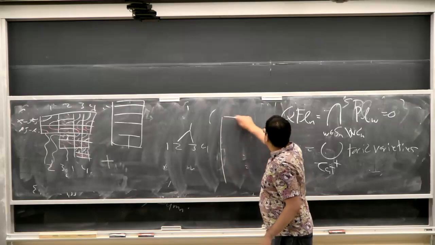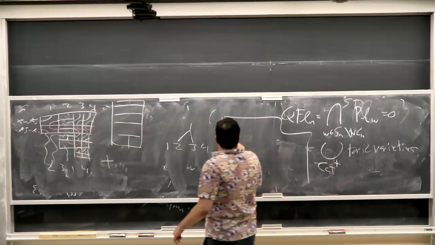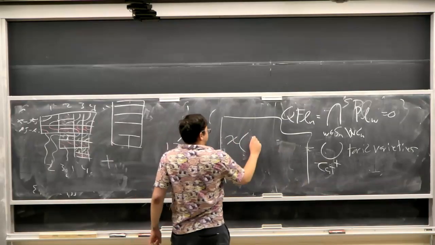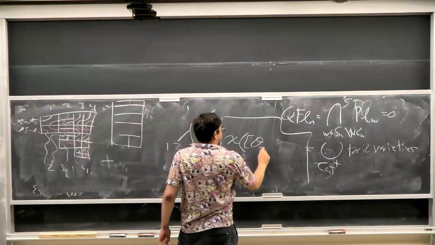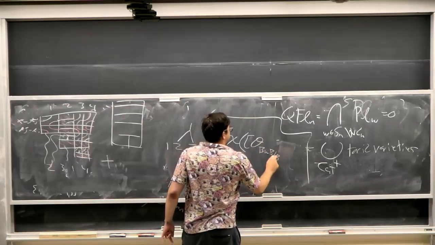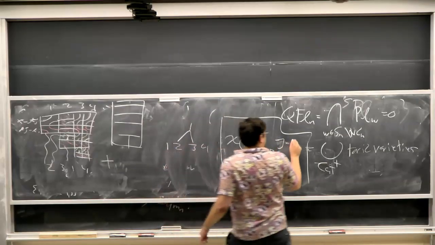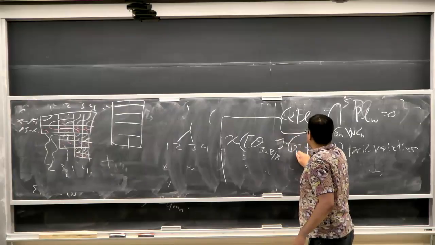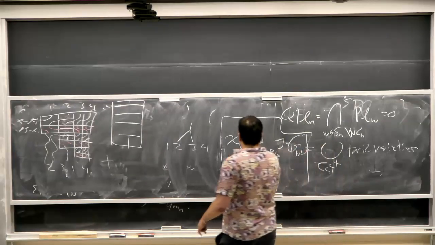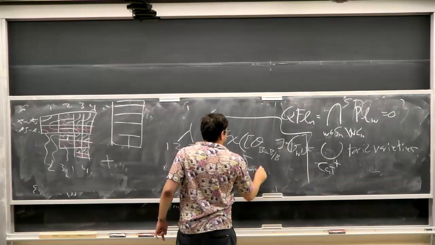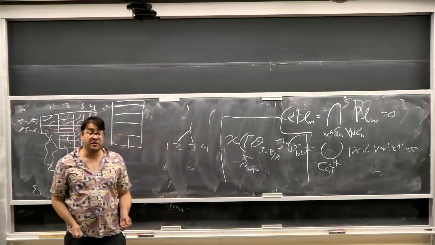So the statement in the usual flag variety is that if I take the Euler characteristic of the structure sheaf of one of these Schubert cells, paired with the associated Grothendieck polynomial for W prime, this is either 0 or 1, depending on whether W is equal to W prime.